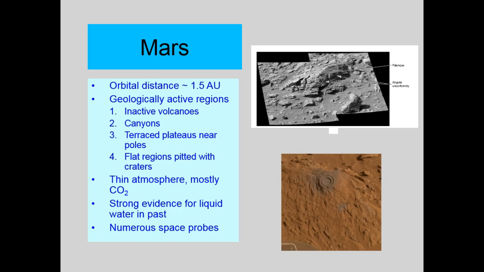There are flat regions pitted with craters, and here again, thin atmosphere. Thin atmosphere, therefore lots of craters, okay? Because they don't have anything to absorb the energy from those falling objects. Now, look at its atmosphere, mostly CO2. So the planet inside of us, mostly CO2. The planet outside of us, mostly CO2.